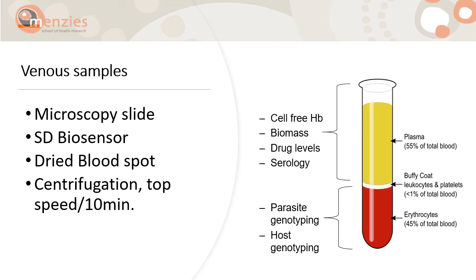And on the right hand side, you can see a small diagram of a blood tube, and this has been centrifuged. So you can see that the plasma rests on the top, which will be used for cell-free HB, biomass, drug levels, and serology. The buffy coat, and then the red cells pellet at the bottom, which will be used for parasite genotyping and host genotyping.